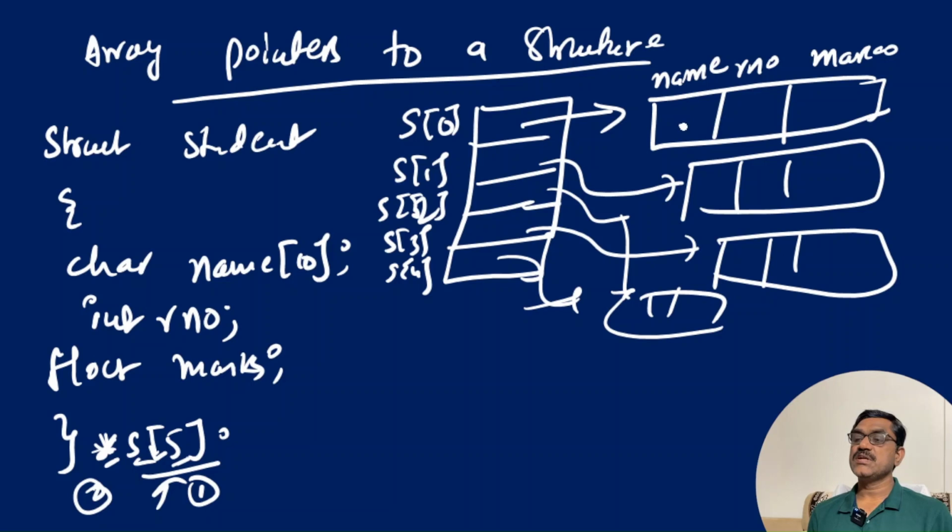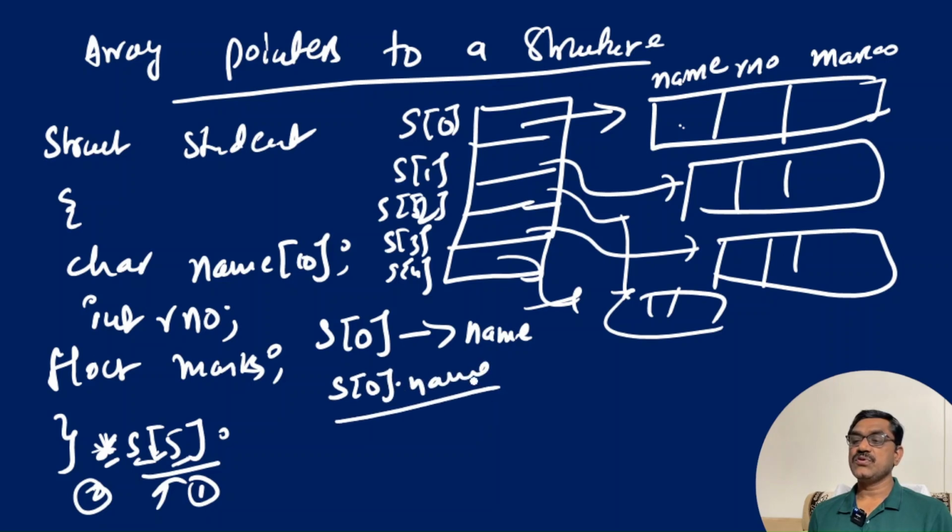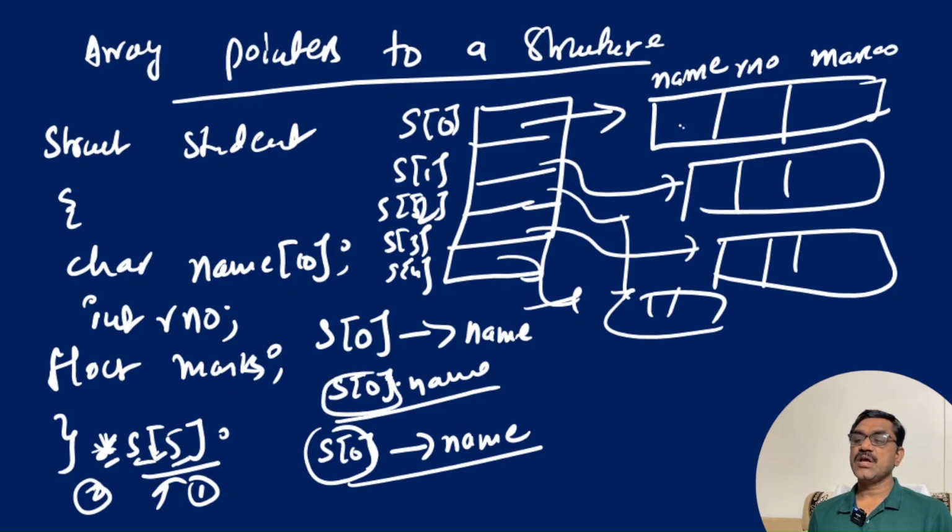How to access the first element's name by using s of 0? As we discussed, you write s of 0 and the arrow operator, the pointer to member operator, then name. Previously, when we used arrays, we said s of 0 dot name, but now we are not writing s of 0 dot name. Instead we write s of 0 arrow name, because s of 0 here is a pointer, whereas in the array case s of 0 is only the first location, not a pointer.